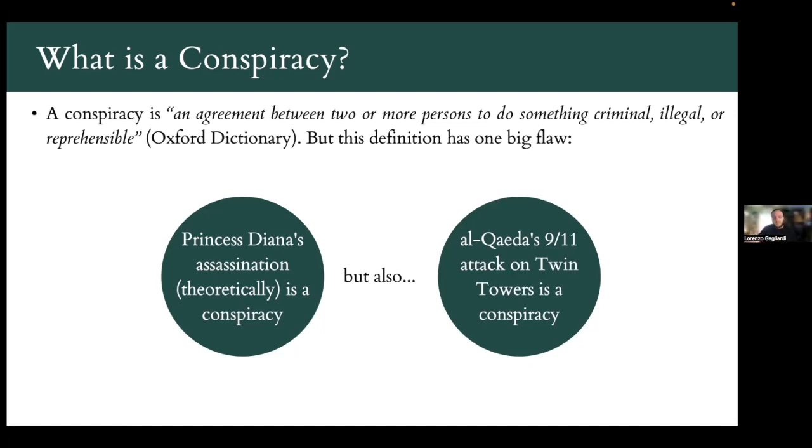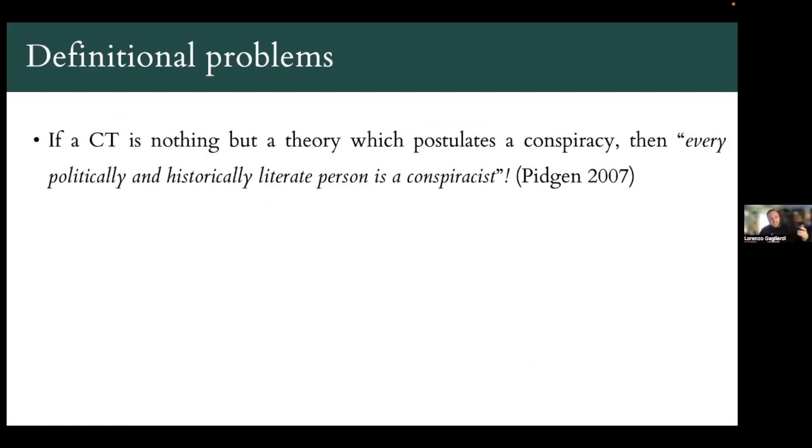So the point with the conspiracy theory in terms of definition is that if a conspiracy theory is nothing but a theory, a hypothesis that postulates a conspiracy, then basically every person, like experts in politics and history, is a conspiracist, and that doesn't make sense. But history in the world has always been full of real conspiracies.